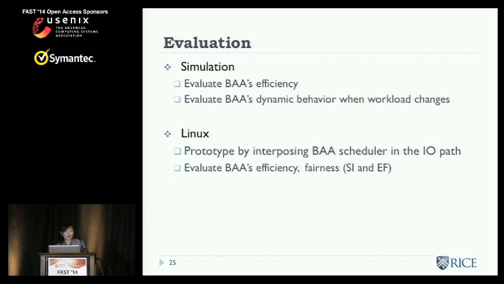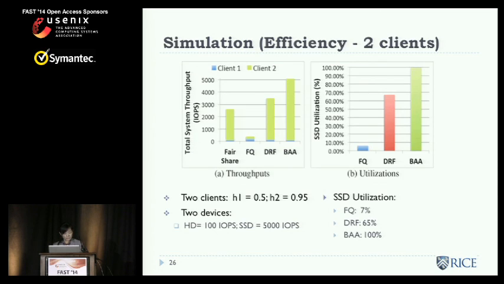We investigate the efficiency and fairness properties, including sharing incentive and envy freedom. The storage devices used in these experiments include a 1 terabyte Western Digital hard disk and a 120 gigabyte Samsung SSD.